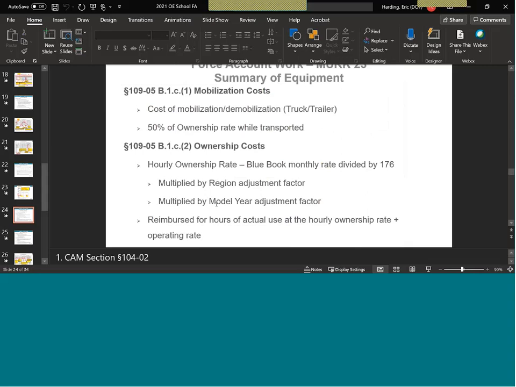And a lot of times contractors miss the fact that they can be reimbursed up to 50% of the ownership cost while that piece of equipment is in transit to the work site. Usually you'll see the operating cost and the monthly ownership cost for the tractor and the trailer. A lot of times they miss that 50% ownership on the piece of equipment that's being hauled.